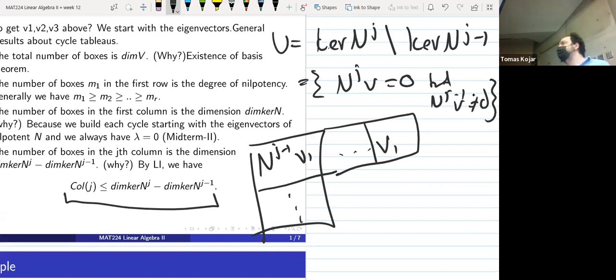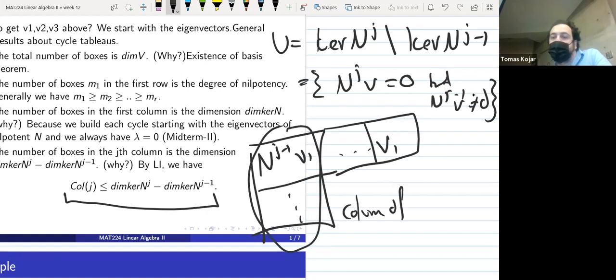Is that okay? This is a subspace. You can prove it, unless they ask you, but I don't think so. But yes, this is a subspace, and this is a column of L_i.